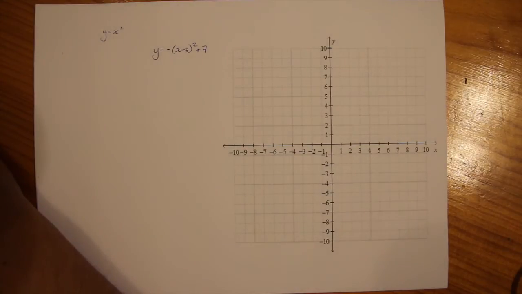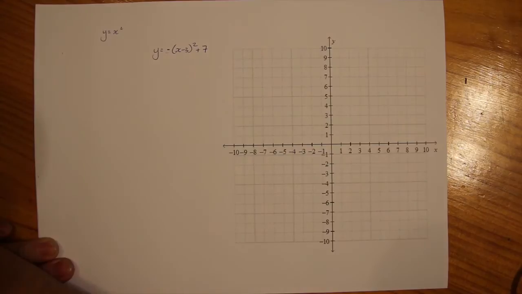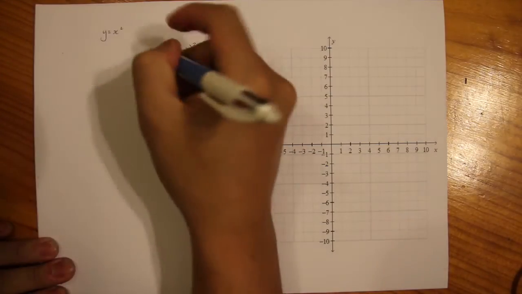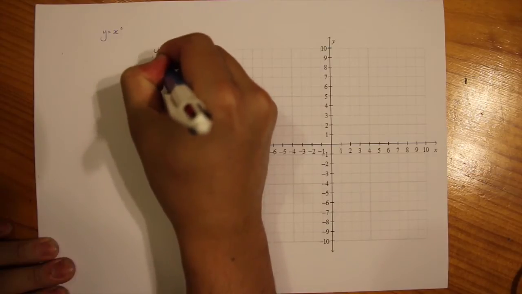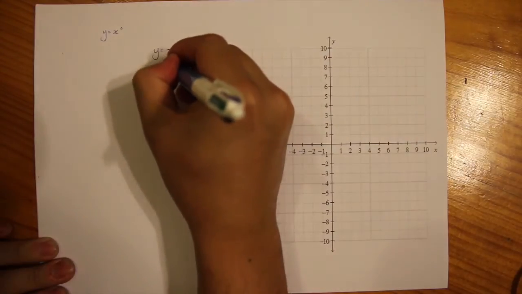So what we know is that it has a negative in the front. As discussed earlier, this negative refers to an upside down or inverted parabola.